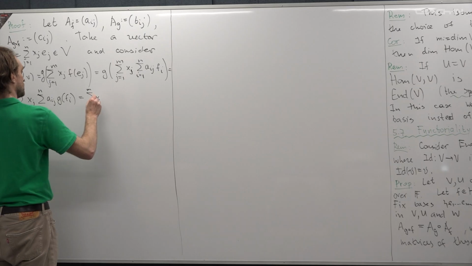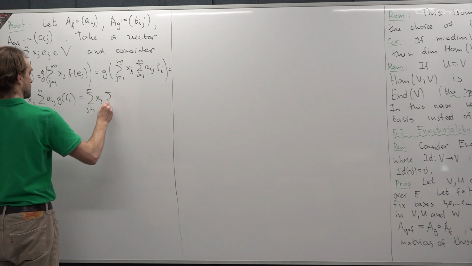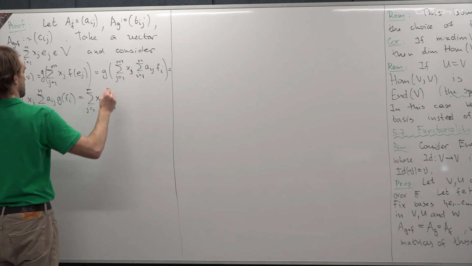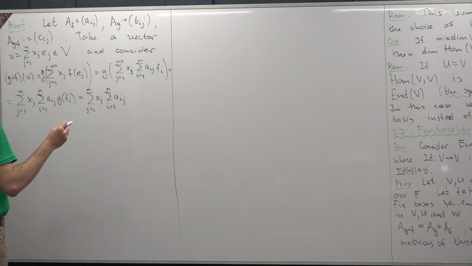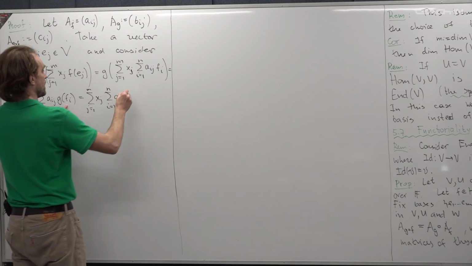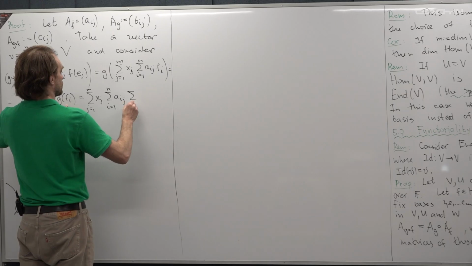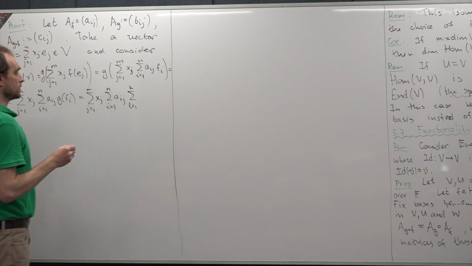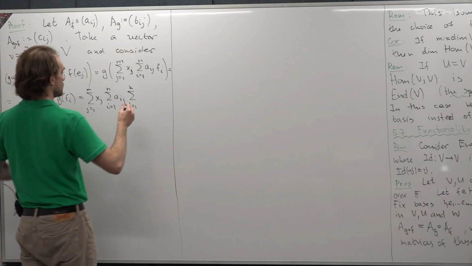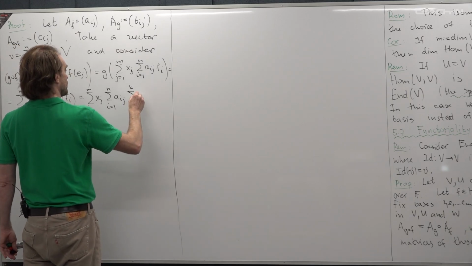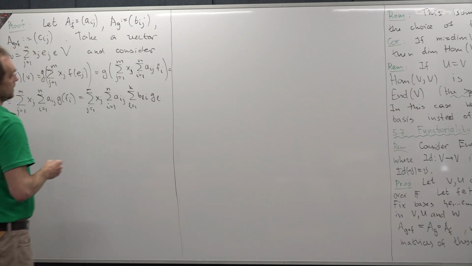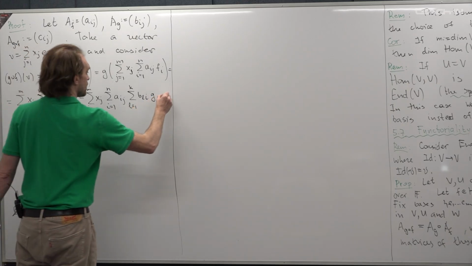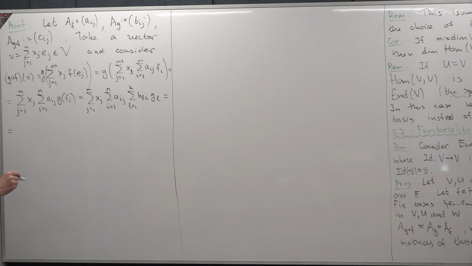So we get another sum, a sub ij times the sum where l ranges from 1 to k, where k is the dimension of the third space, and here we put b sub li times g sub l. So this is what we get, and now I need to change the order of summation.